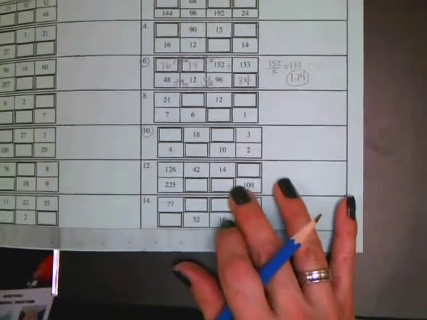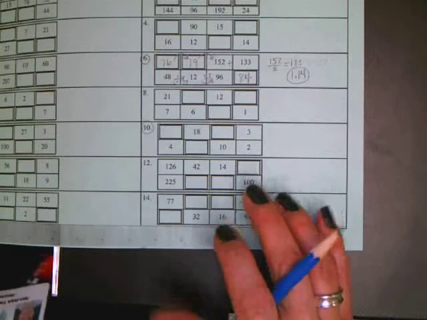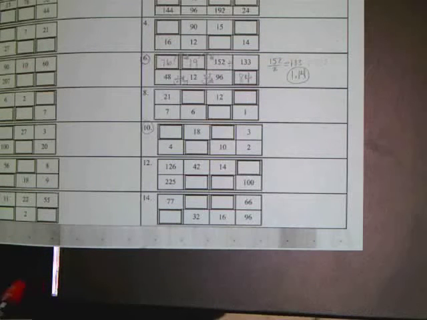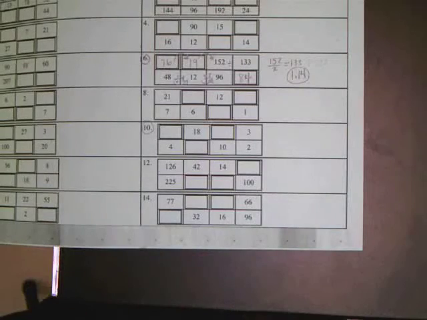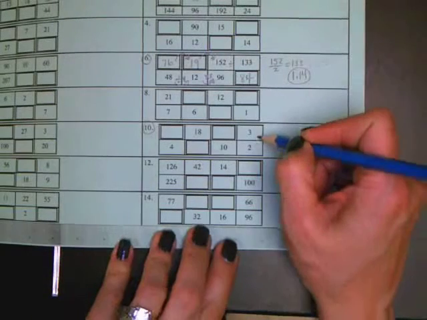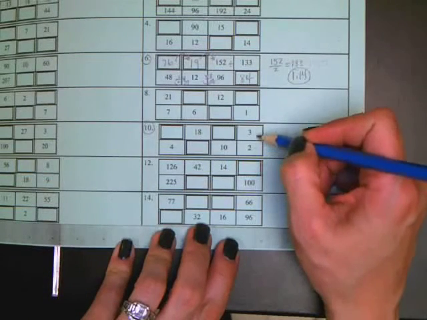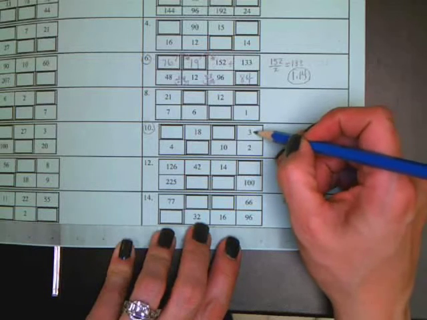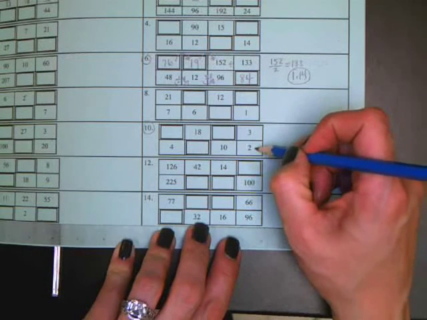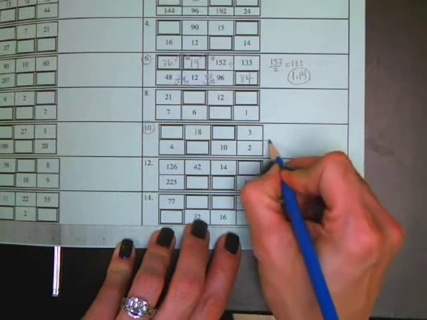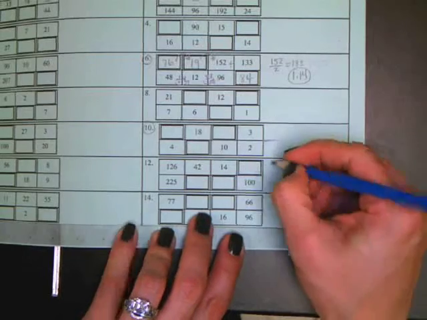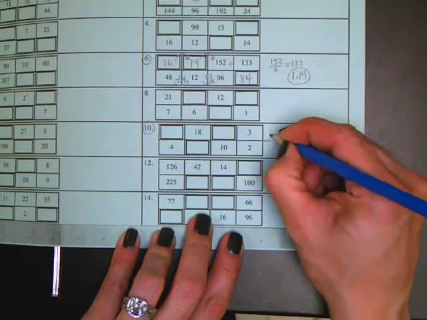Let's skip down to number 10. This one's even a bigger mystery, so he's got a lot more blanks here. So what we do have is information in the end right here. Take a look at the whole thing. We've got 3 and 2. So if we were going to look at it, we could, if we wanted to, make this a unit rate.